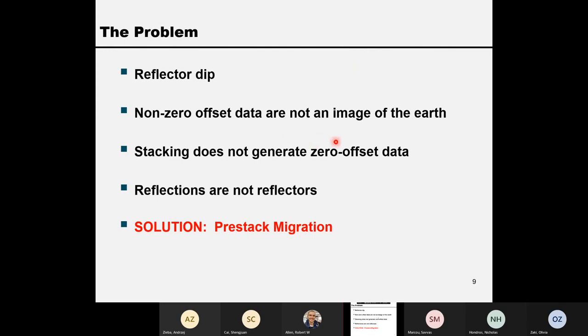We do the NMO, but even after NMO, the NMO corrected trace is not necessarily equal to the zero offset trace. So that means the image is not the subsurface, but the image of Earth, right? Not the image of subsurface Earth. And the stacking will not give us zero offset data.